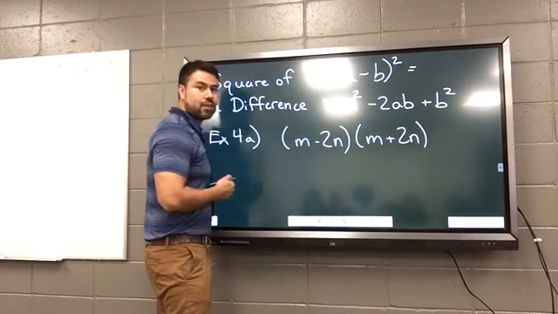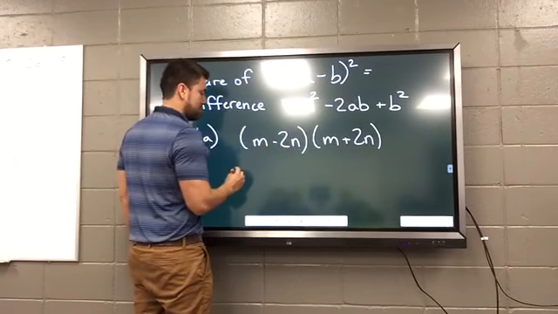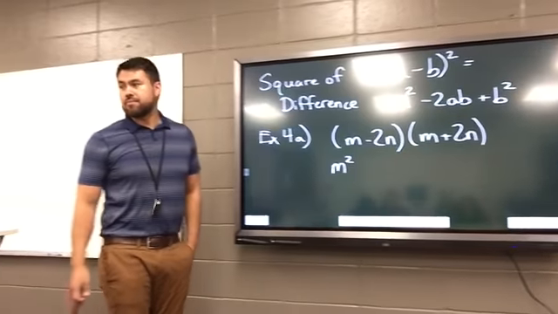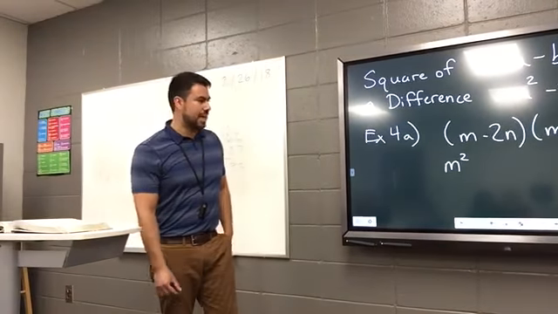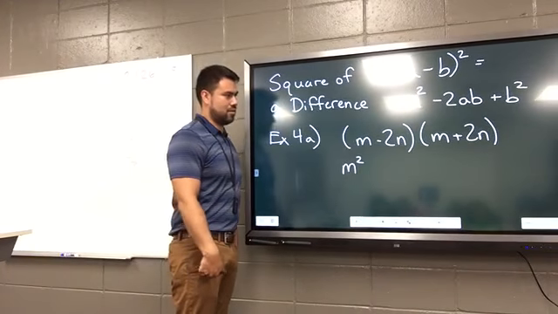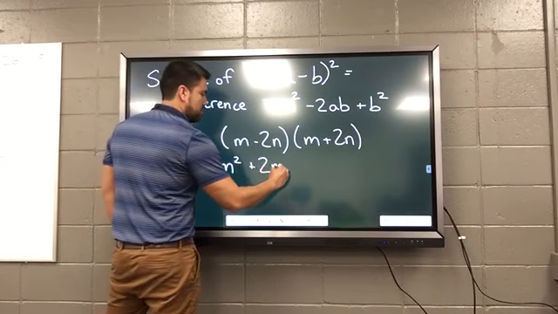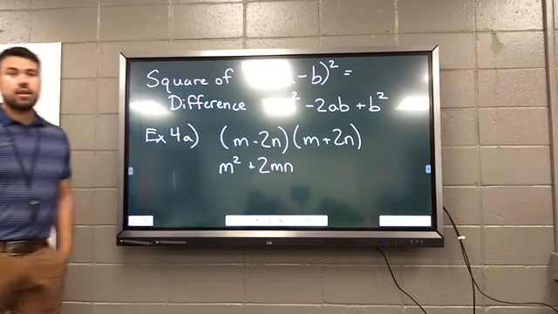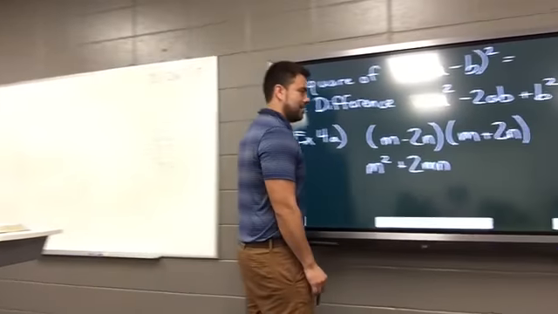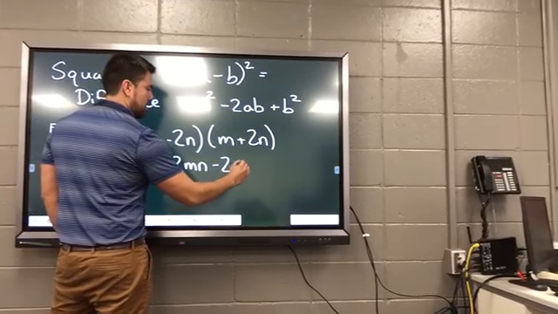So FOIL, first terms multiplied. First terms. It would be m squared. The outside terms. Positive 2mn. Okay, good. The inside terms. Negative 2 and then m.